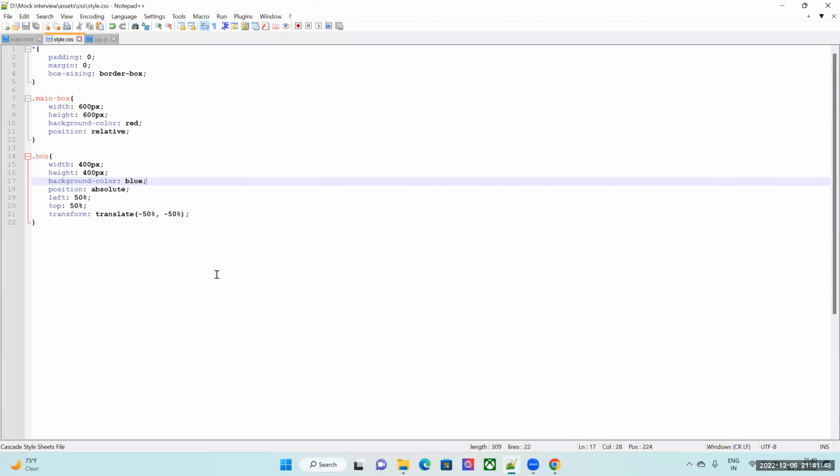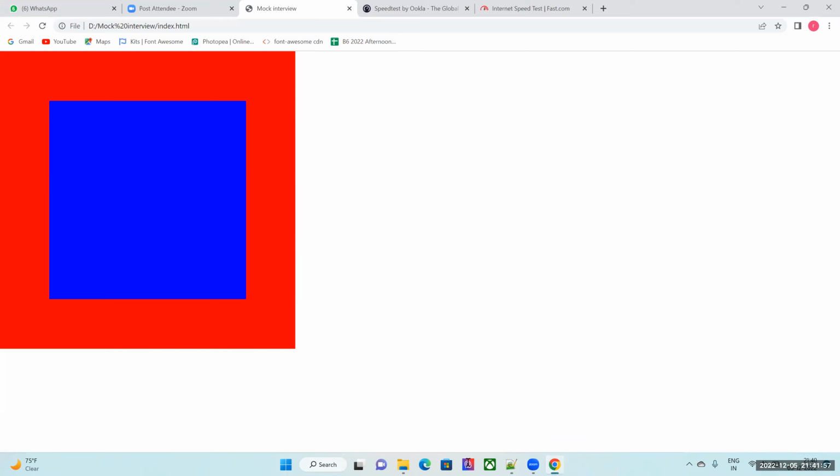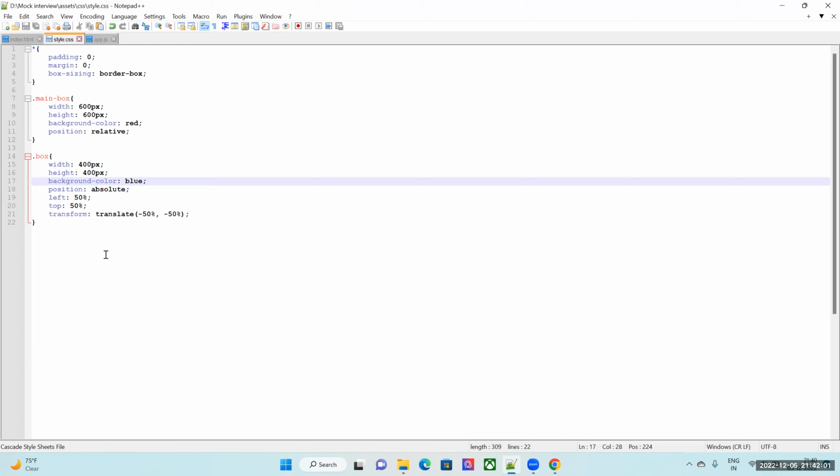Okay, so what is that transform translate doing? If you remove that line, transform translate, what will happen? Remove that line, 21 number line.